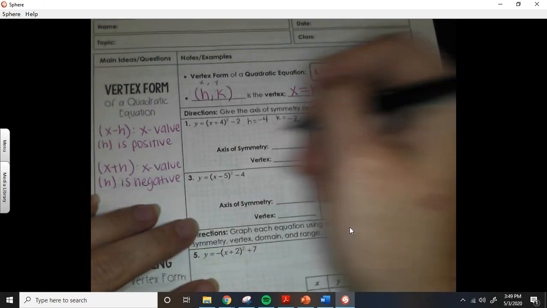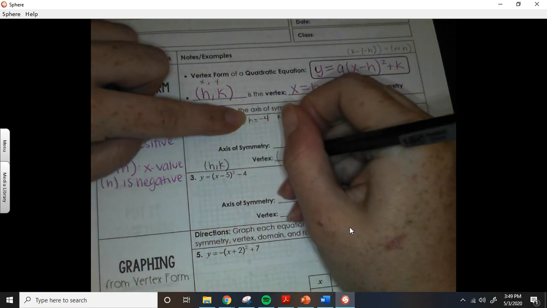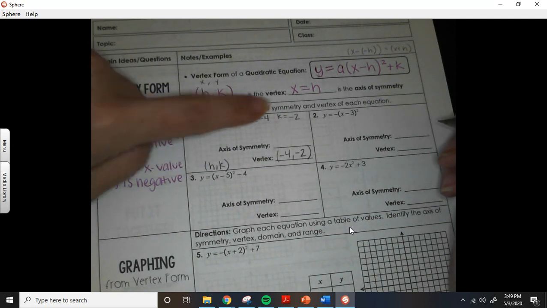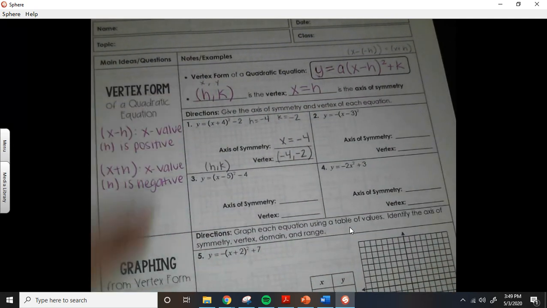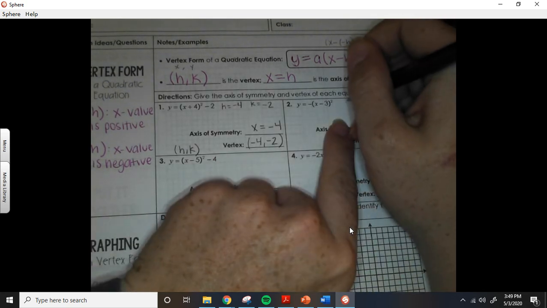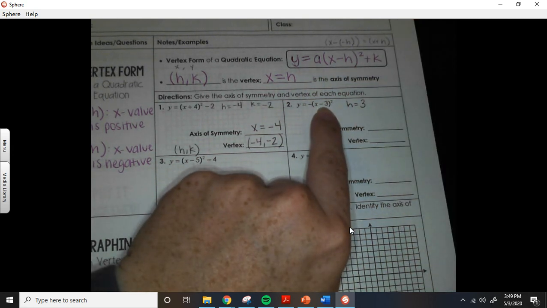So if our vertex is hk, that means we're going to have a vertex of negative 4, negative 2. Our axis of symmetry, since it's h, x is going to be equal to negative 4. Number 2, we have h is equal to positive 3 because it's minus.